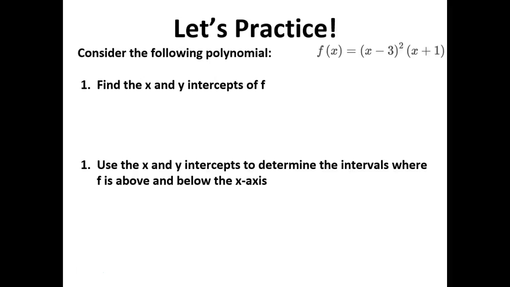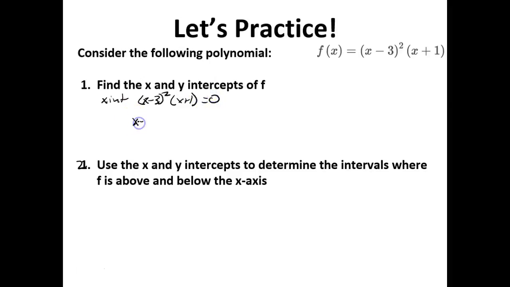So looking at this particular polynomial, where we have x minus 3 squared times x plus 1, find the x and y intercepts of f. This part, part number 1, shouldn't really look any different to you than what we've done before. For the x-intercepts, whatever x value has to go in order to get 0 out.